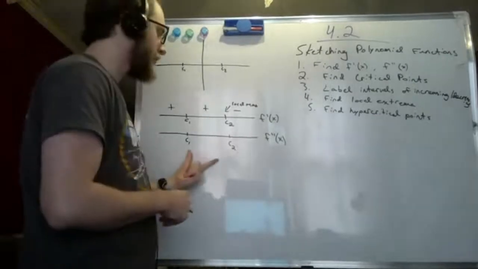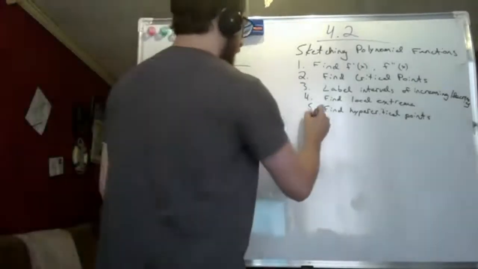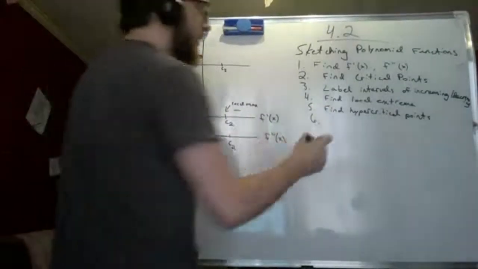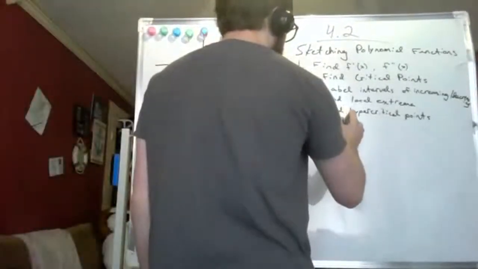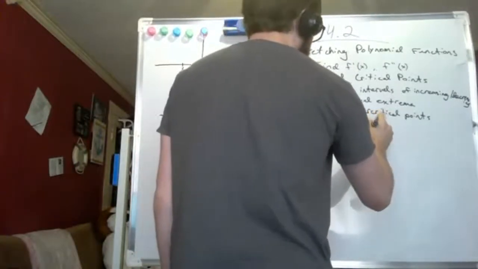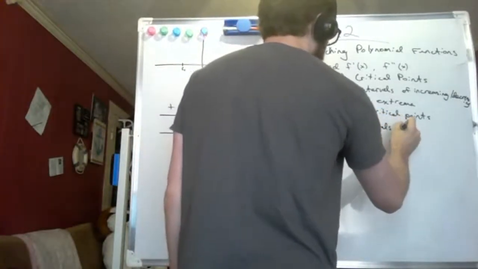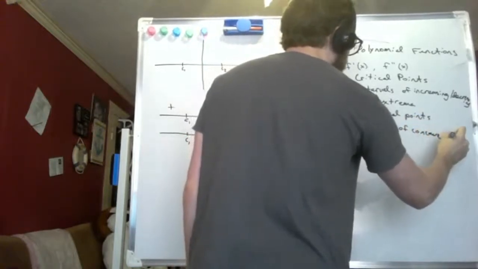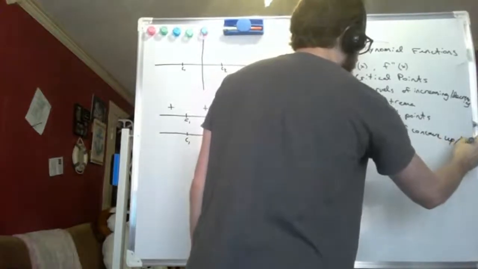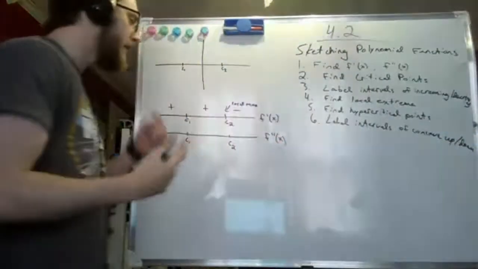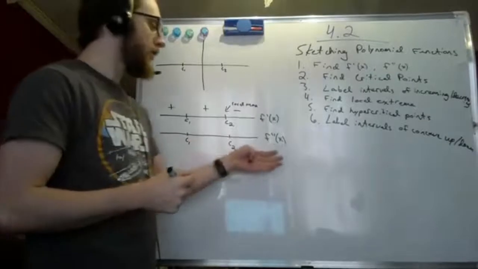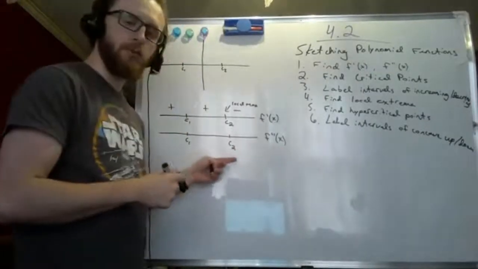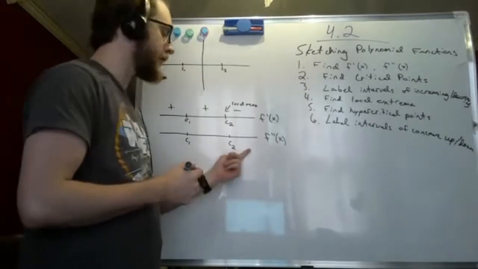Well, we have our hypercritical points labeled now, and this is where we move on to step 6, and we label intervals of concave up or down. And again, depending on the question, maybe they'll just give you the equation for the second derivative, so you'll be able to set it equal to 0, find your hypercritical points, and then plug in numbers in between to figure it out.